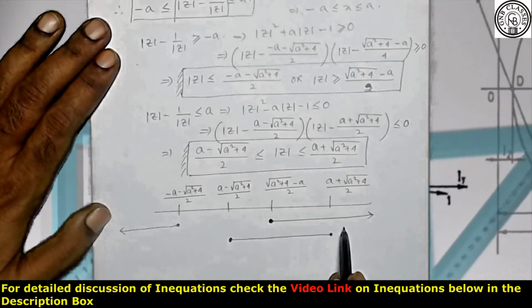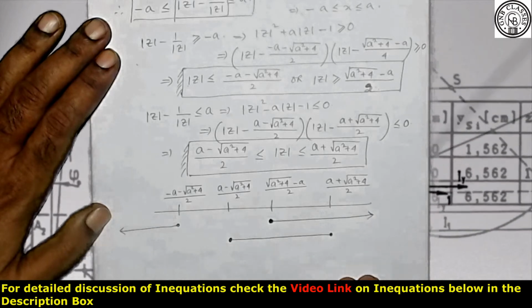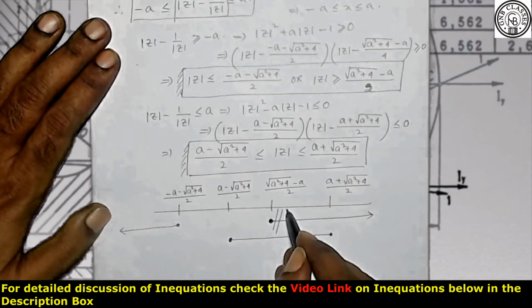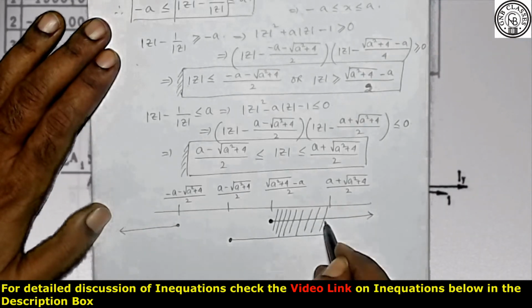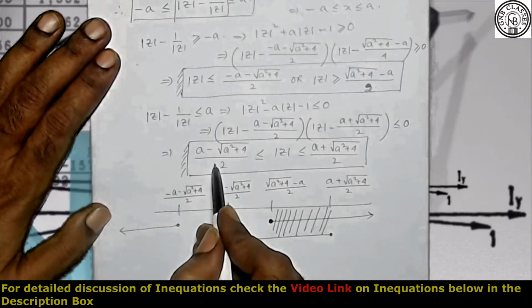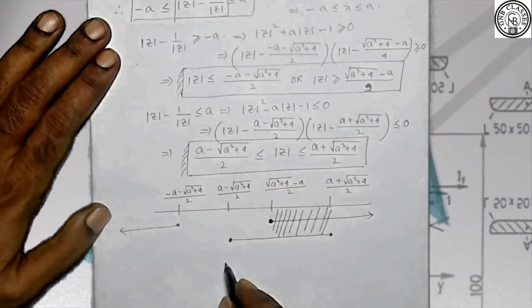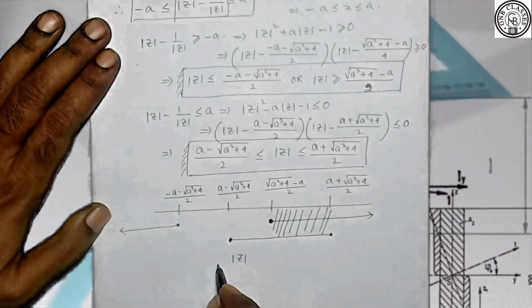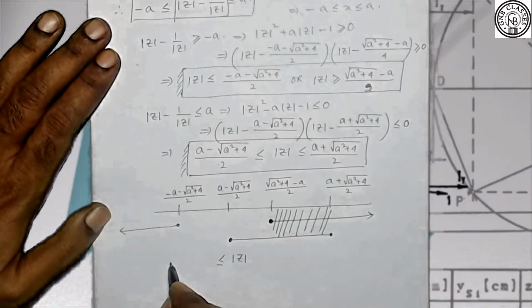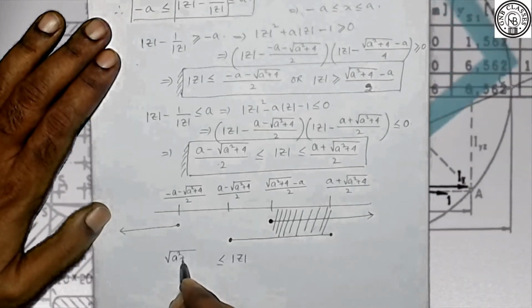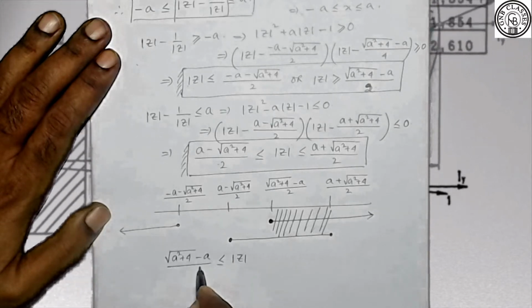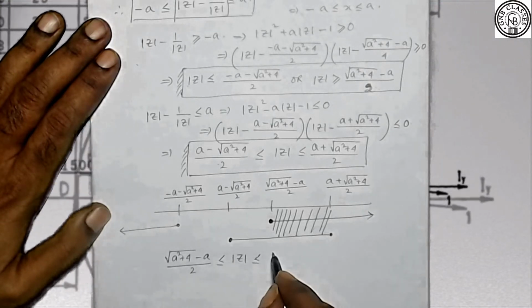Therefore, we can see easily from this number line that this portion is the only common region which satisfies both these inequations. Therefore, your mod z will be greater than or equal to and less than or equal to.